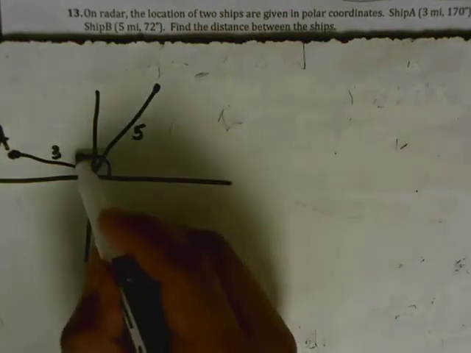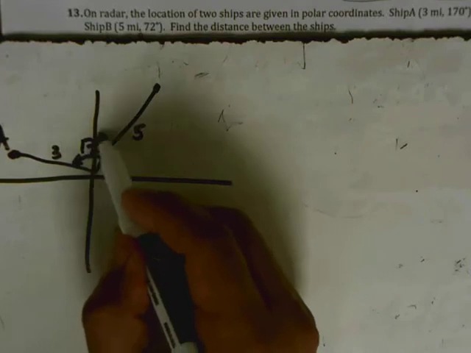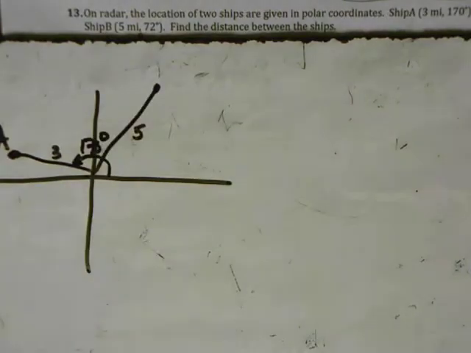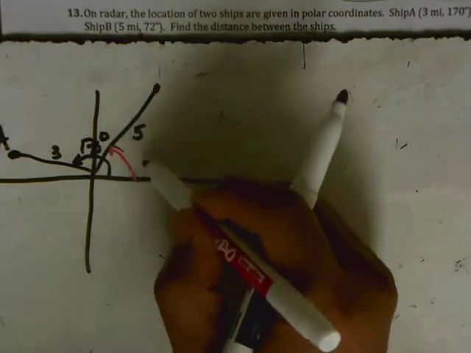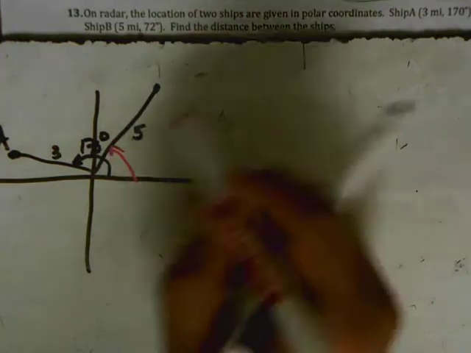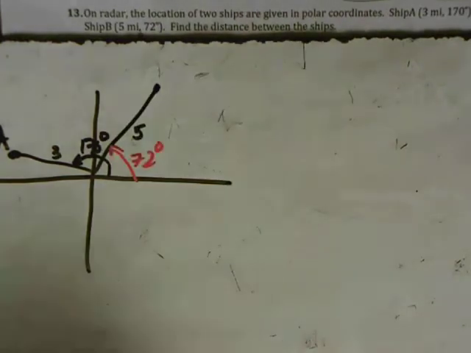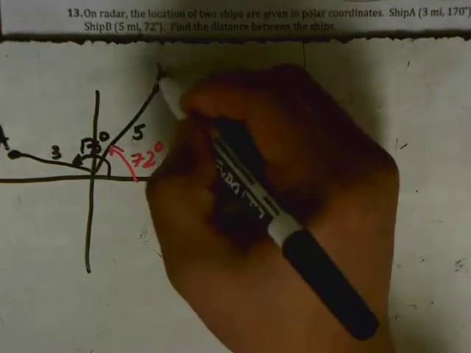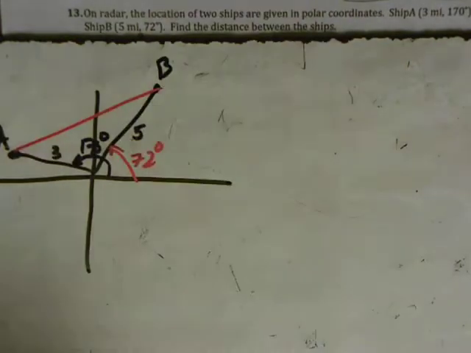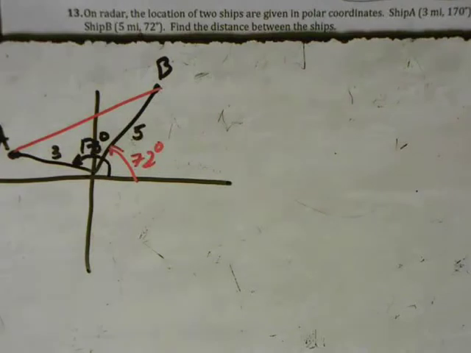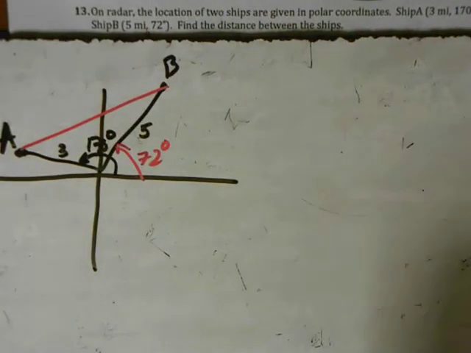So the first rotation for ship A is 170 degrees, and then the second angle for ship B is exactly given to us at 72 degrees. And so this is B, and I want to find this distance right here, the distance between A and B. So one way I've done this before is using the distance formula, but here's another way.